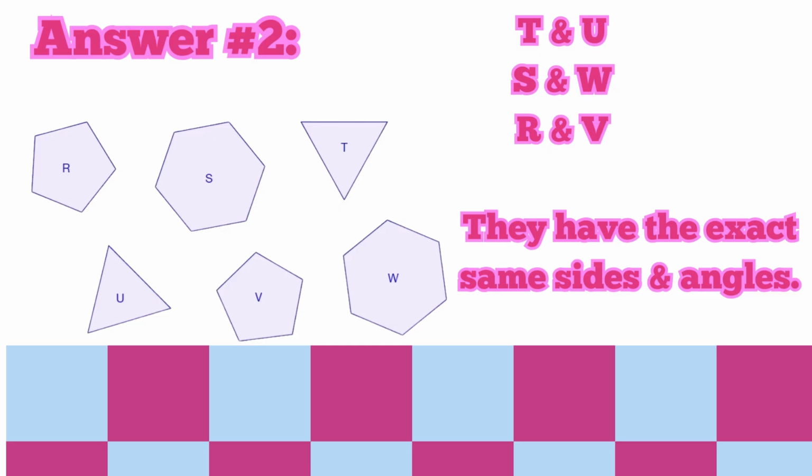R and V is the third set. These two also have the exact same sides and angles. To find out if these shapes actually were identical, it was important to measure very carefully to make sure that all sides and angles were the exact same.